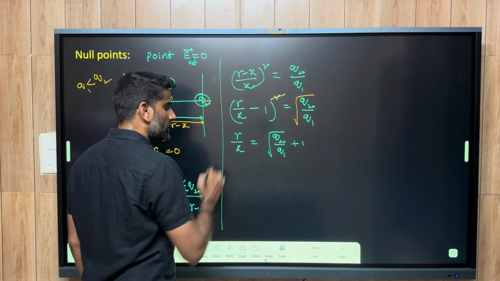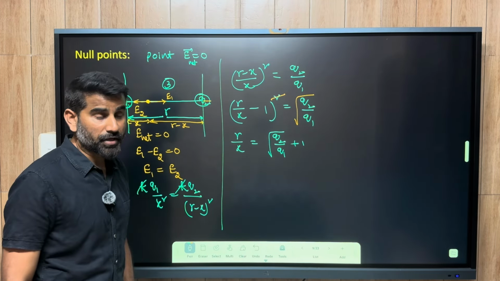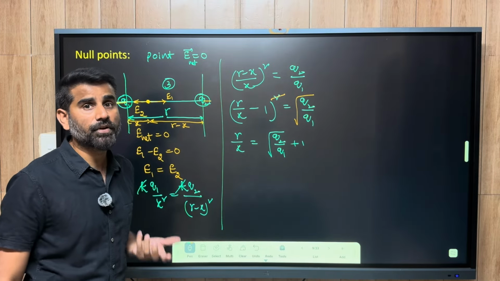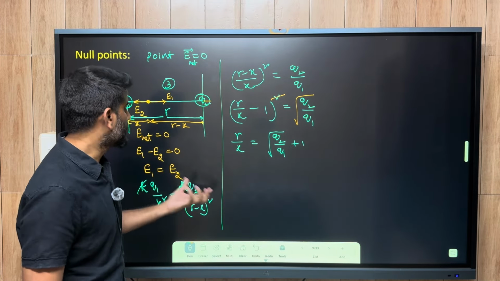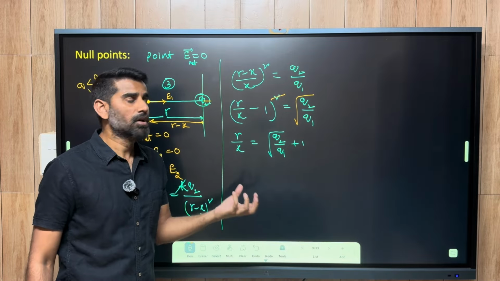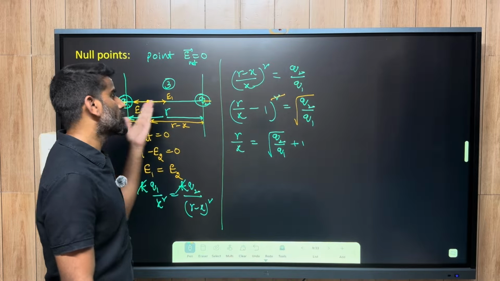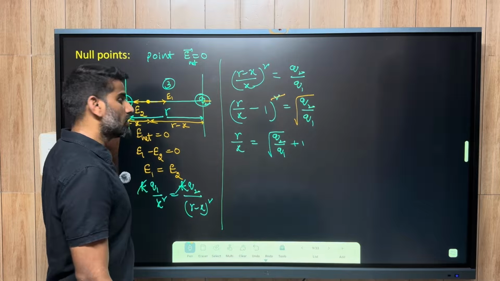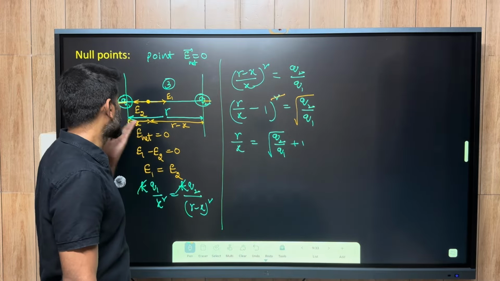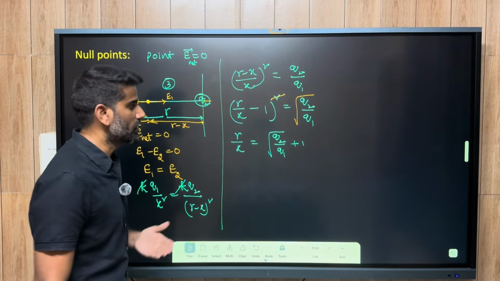I want the null point, that means where the electric field is 0. I want the null point to be measured from a reference point. That reference point can either be Q1 or Q2. In this case, I have taken Q1 as the reference point because I have considered x distance from Q1 itself.